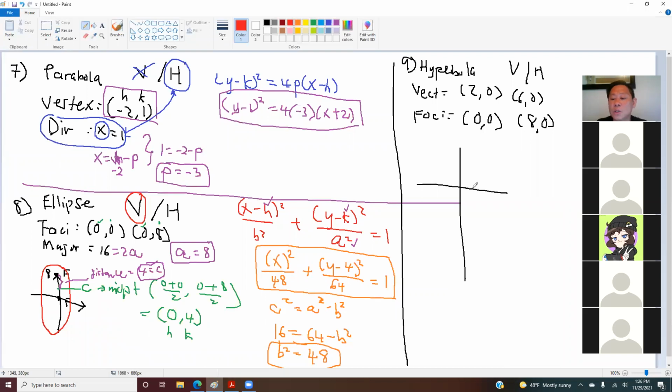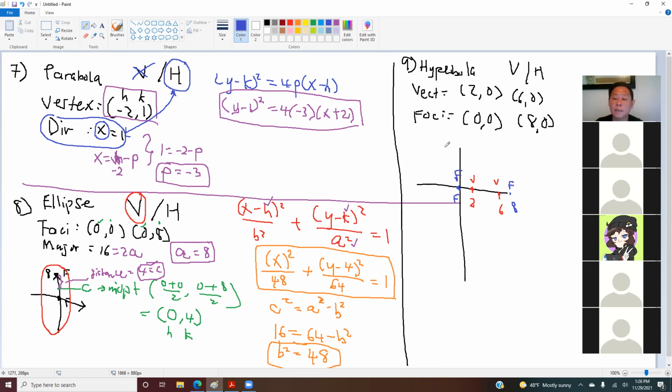So the vertices are (2, 0) and (6, 0), and the foci are at (0, 0) and (8, 0). This is the focus point.